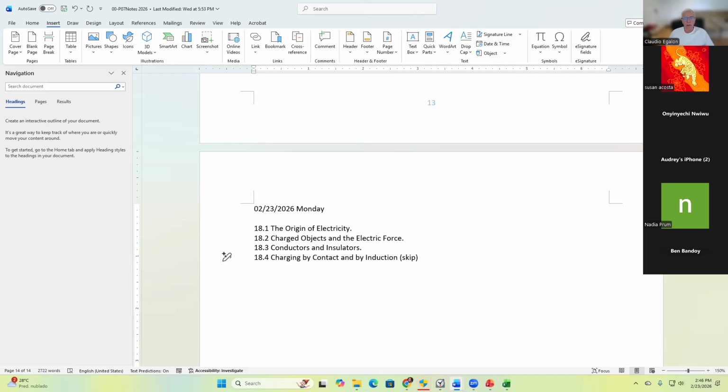It's possible to charge objects just by, let's see, charging by contact, right? It's possible to charge just by rubbing one object against another one. I didn't mention that, but I want you to keep that in mind. Okay, when I was a kid in elementary school in Brazil, we used to play with pens.